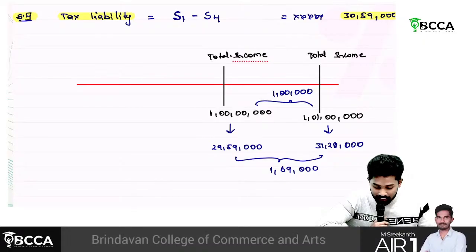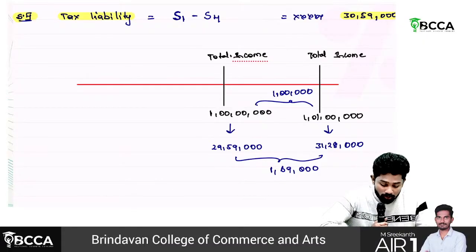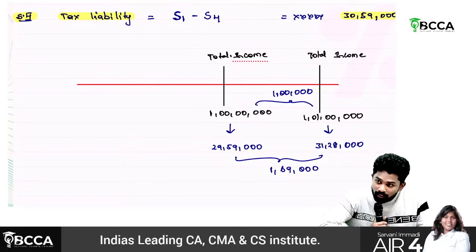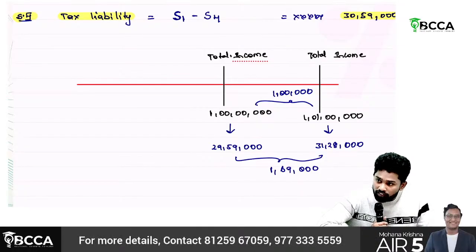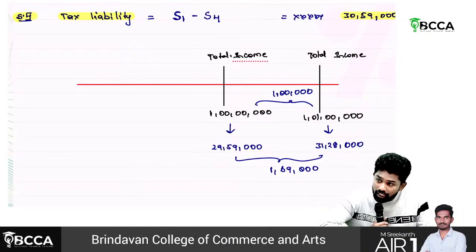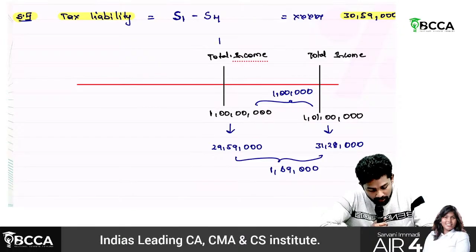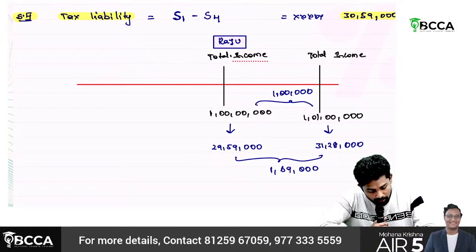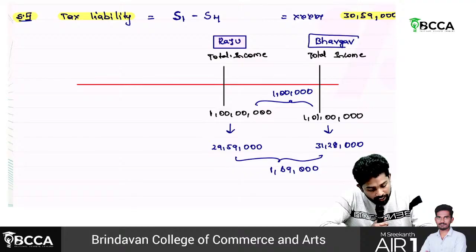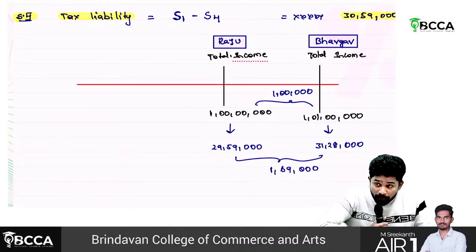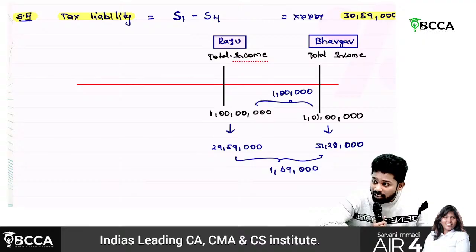But actually Raju is in a better place, because even though he earned only 1 crore, he ends up paying only 29,59,000 as tax. For earning 1 lakh extra income, Bhargav ends up paying 1,69,000 extra tax.